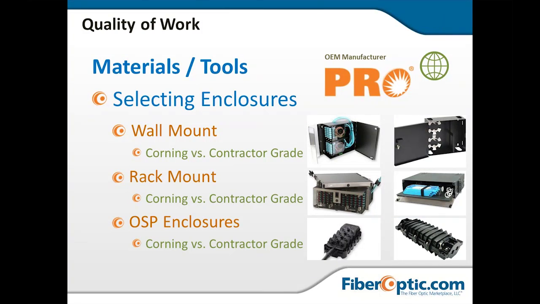And one of the final points is the time it may take to load and mount that box on the right, and then bring the pigtails in, splice them, manage them, arrange them, versus buying a loaded box and then having the contractor just go and splice that at a separate point. A lot of times, like I said, you're going to pay extra for that Corning or that fiberoptic.com preloaded termination box.